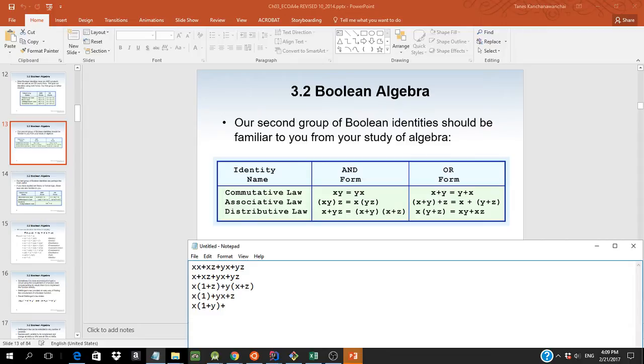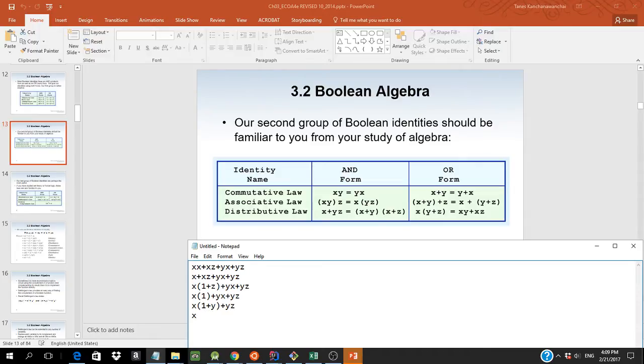Plus yx plus. Actually, I should not do that yet, so I should just keep doing that. And then we see the common x again, so that's going to be 1.